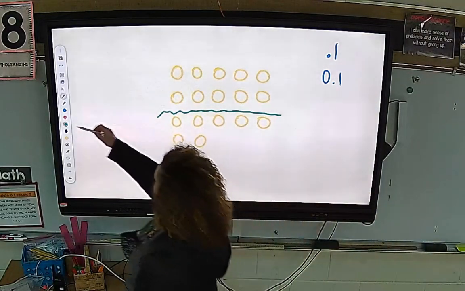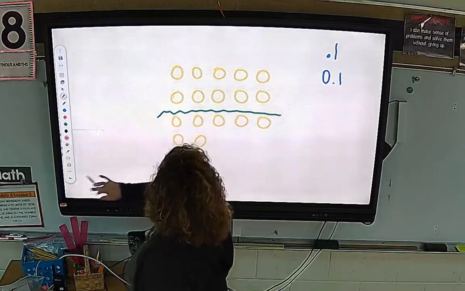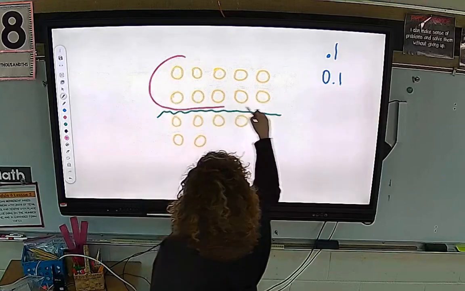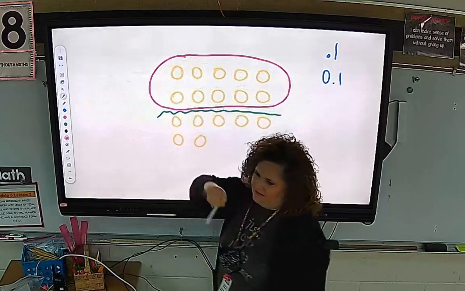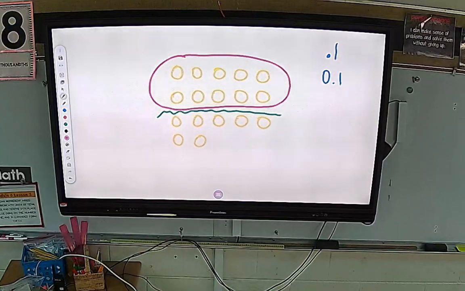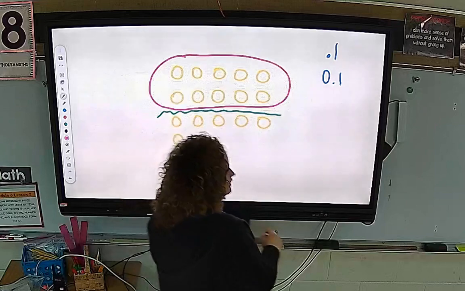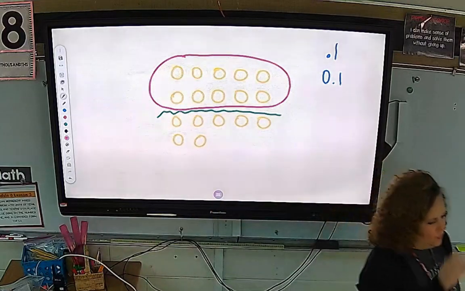This right here is 10 tenths, isn't it? Okay, I know you don't have a marker, and that's fine. I'm just showing it on the board. 10 of those is 10 tenths, which is equal to one whole. So would you pull those 10 tenths off of your board and put in its place one whole?